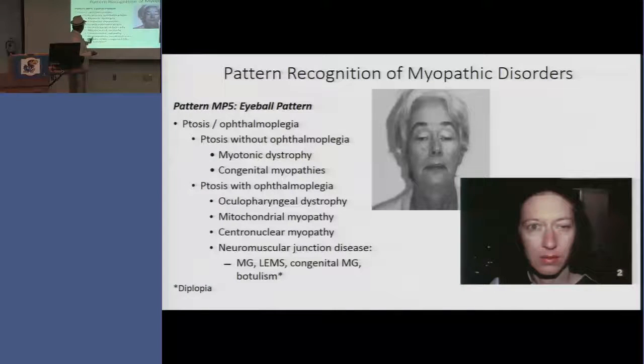If there's ptosis with ophthalmoplegia, then the diagnosis can be oculopharyngeal dystrophy, such as demonstrated in the elderly lady in the slide, or mitochondrial myopathies or centronuclear myopathies, but it also can be neuromuscular junction, myasthenia gravis, as demonstrated in the young lady on the slide where it's asymmetric. In the neuromuscular junction eyeball pattern there is diplopia, whereas if it's myopathic ptosis and ophthalmoplegia, there's often no diplopia.